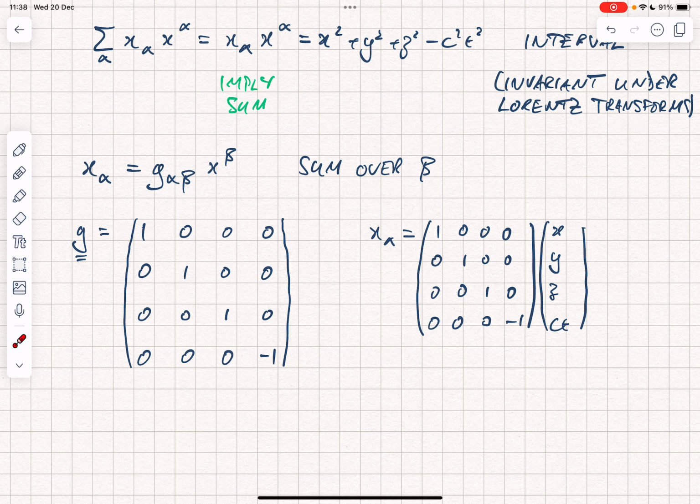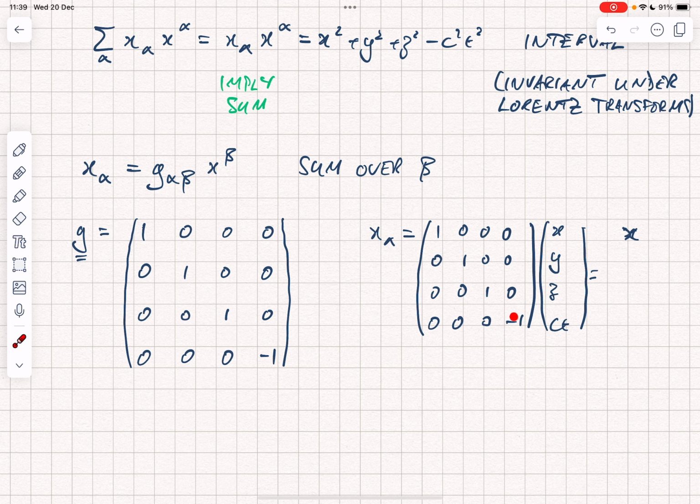Now, when we do the matrix multiplication, you take a row, so 1, 0, 0, 0, multiply it onto a column, X, Y, Z, and CT. And of course what we get is just X, because that's the only component that is non-zero. For the next line, 0, 1, 0, 0, we're going to pick out this Y. The third line, the 1 is going to pick out the Z.